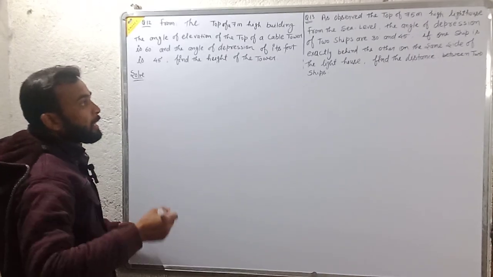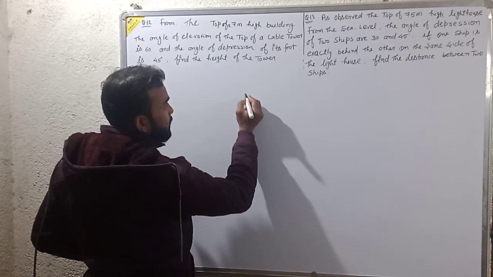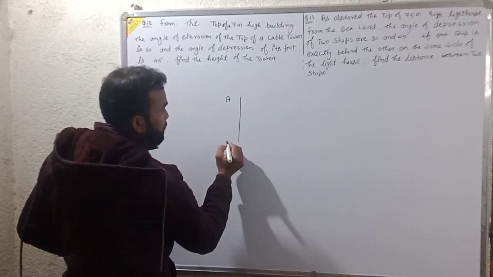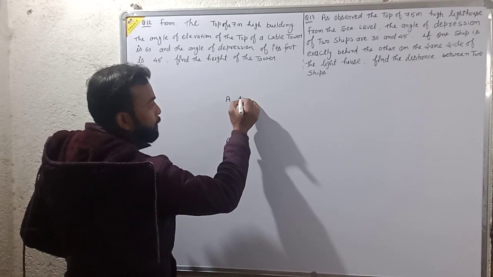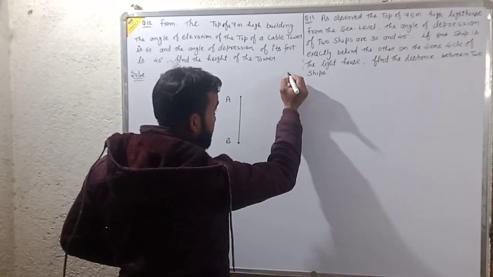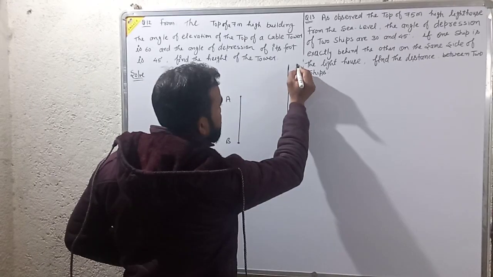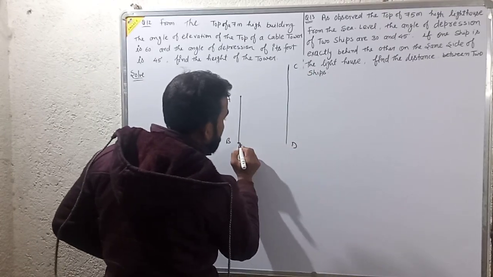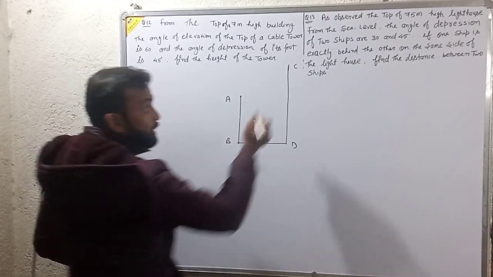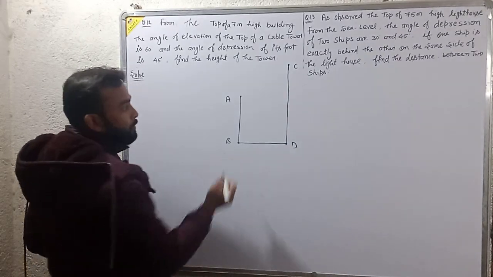First we draw a ray diagram from the given information. Let AB be the building, where A is the top of the building and B is the bottom, and CD is the tower. Sorry, C is the top of the tower and D is the bottom of the tower.